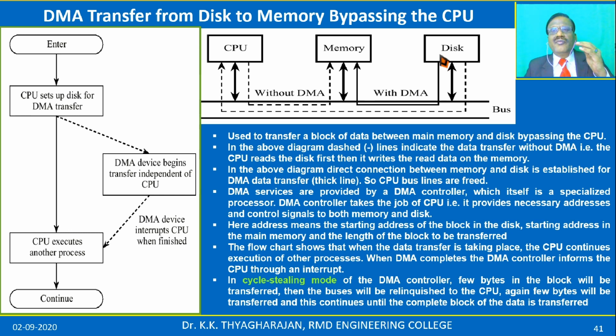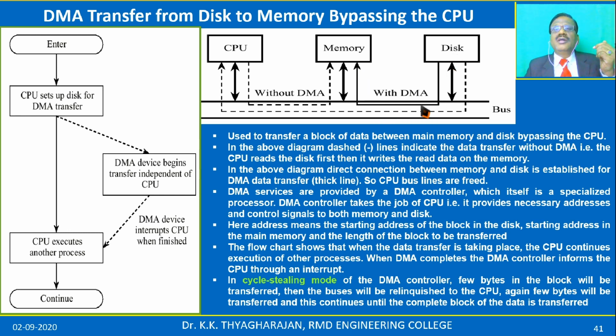So from the starting address and the number of bytes, it will read a block of data from the disk, and it will store that block with the starting address given to the memory. All these things will bypass the CPU. The CPU will not come into the picture. All the data transfer will be done directly between disk and memory through the specialized DMA controller.